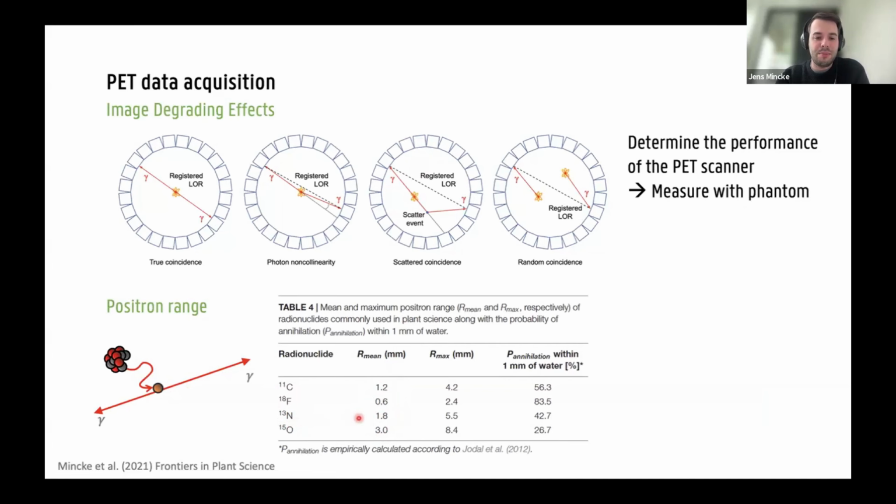Take into account that the positron range is somewhat 2 millimeters, but that the plant leaves are by default less than 2 millimeters, so that most of the positrons will escape your leaf and will not contribute to the eventual image. So this is something to take into regard as well. It's better to use fluorine or something else. Of course, it cannot be used to study nitrogen metabolism, but these are things that you should keep in mind.